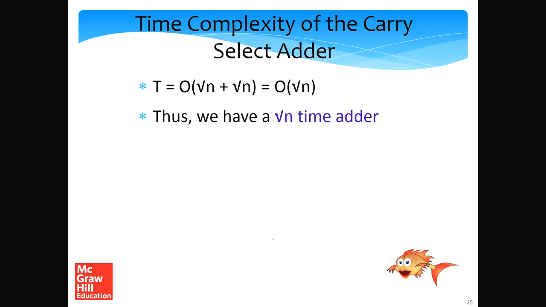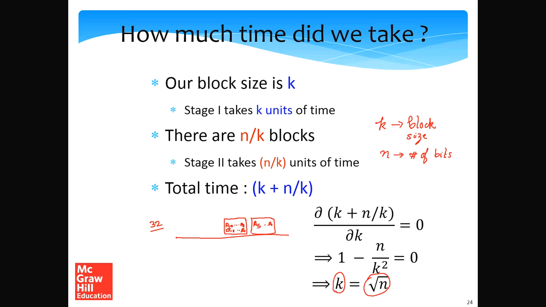And what is the fastest possible time? It's essentially K plus n by K, and when K is equal to square root of n, it becomes square root of n plus n divided by square root of n, which is 2 times square root of n. This can be written in our approximate notation as order of square root of n, because all additive and multiplicative constants are ignored.